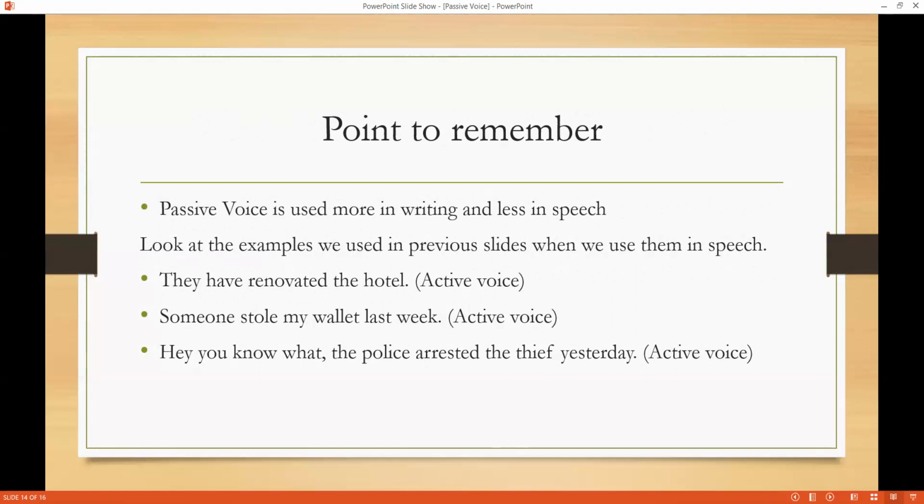That's an active voice. Or, someone stole my wallet last week. That's also perfectly natural to say. Or, hey, you know what? The police arrested the thief yesterday. That is in the active voice. And in speech, it's very common to do that. So remember that difference.